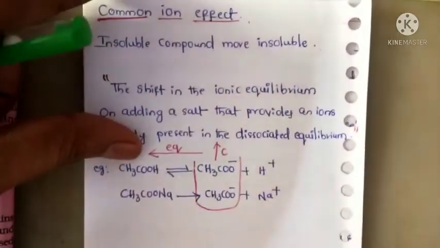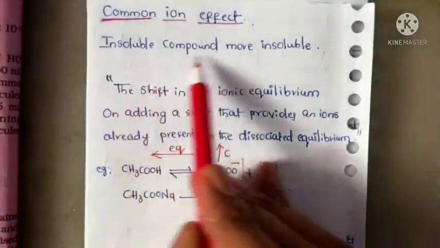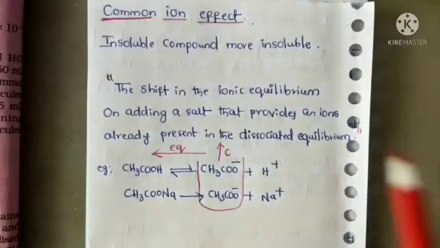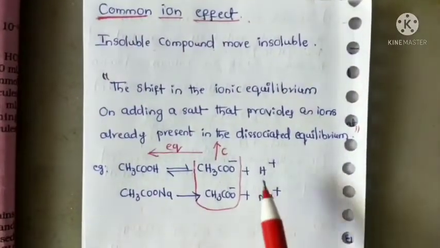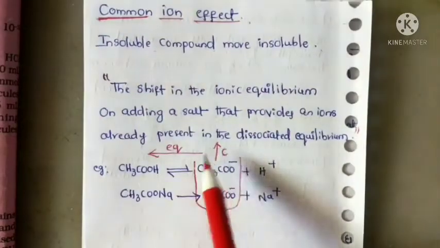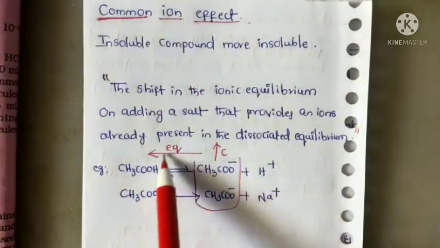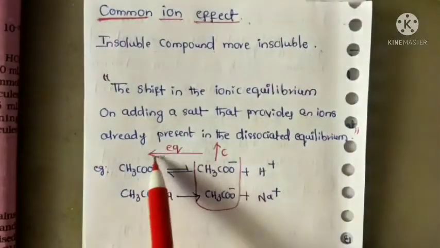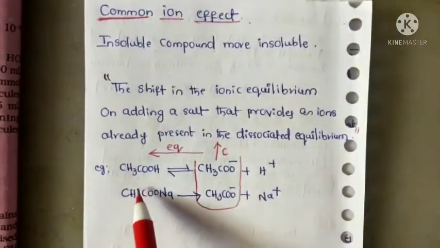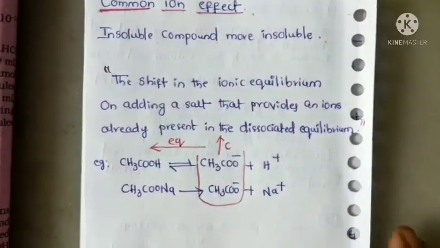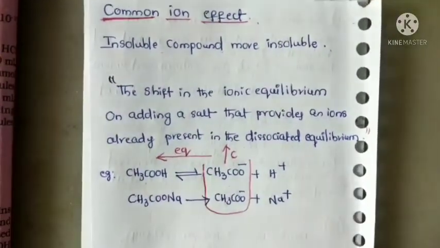That's why our title name is insoluble compound more insoluble. Due to the increased concentration of acetate ions, according to Le Chatelier principle, the ionic equilibrium will be shifted to the left side, towards the undissociated particle side. So this is the information about common ion effect.